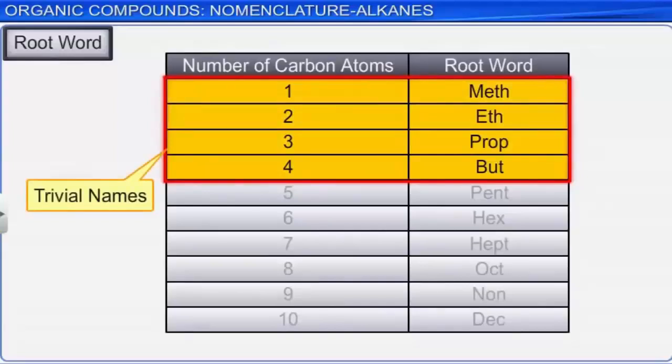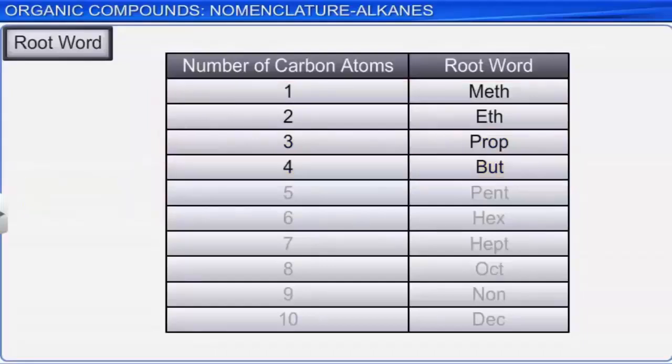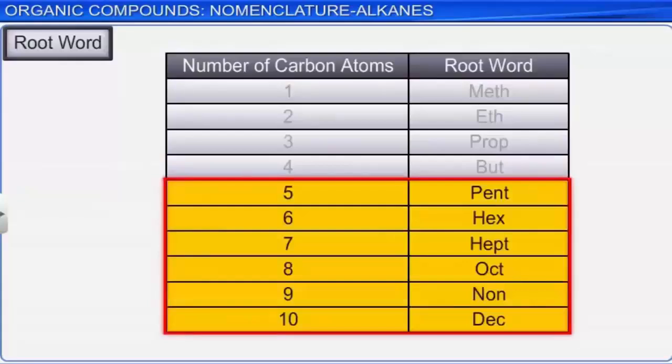Thus, the root word for 1 carbon atom is meth, 2 carbon atoms is eth, 3 carbon atoms is prop, and 4 carbon atoms is but. A chain that consists of more than 4 carbon atoms is assigned a root word derived from the names of Greek numerals.